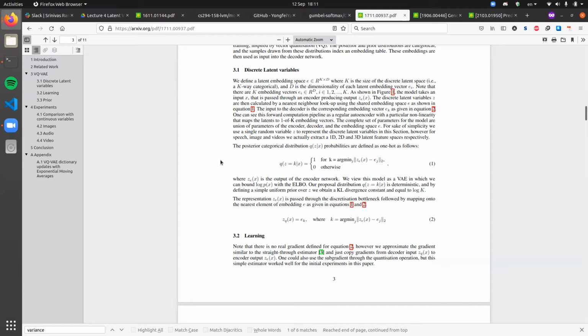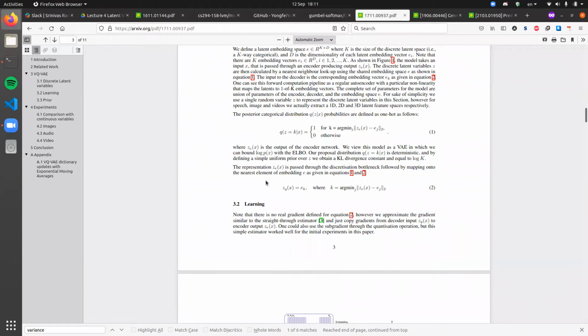In case of RGB, we have 256 possible values. And in this case, this value k represents the number of possible values we can have in a code.